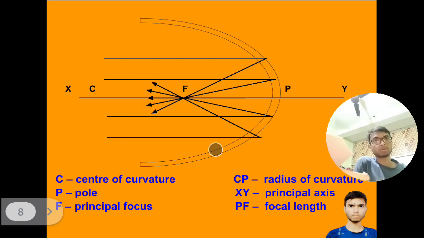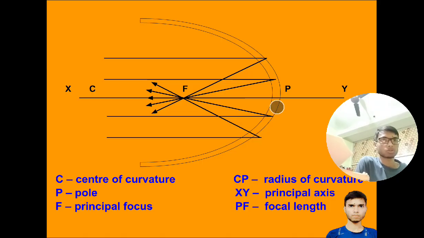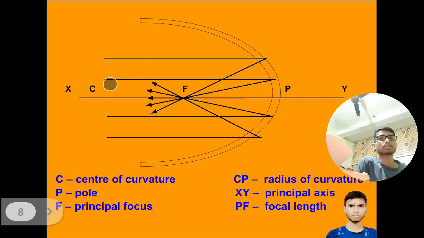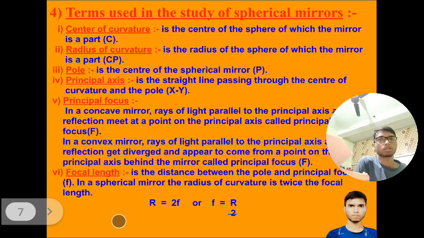Next is the pole. This is the pole, a point at the center of the reflecting surface. Next is the principal focus, which is the distance between the pole and the focus.